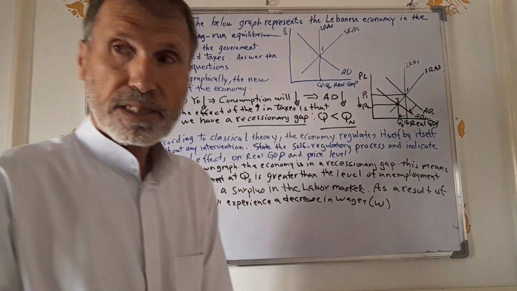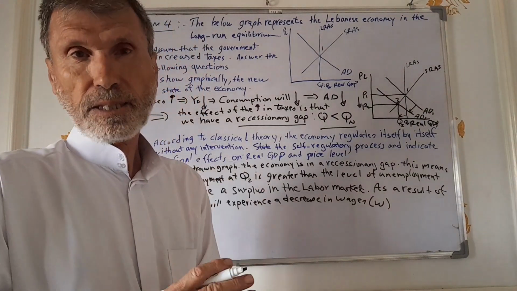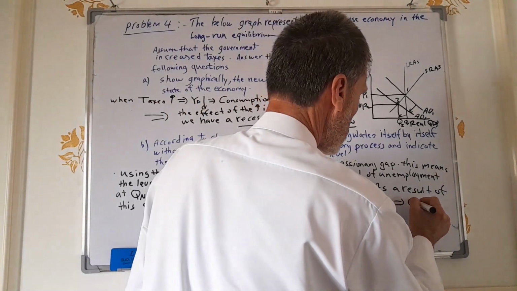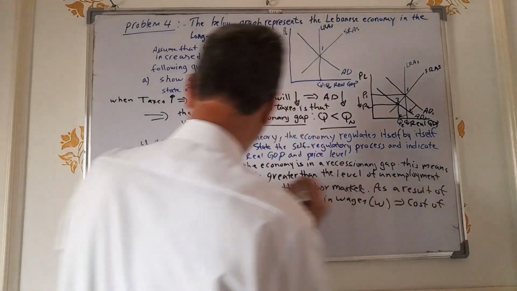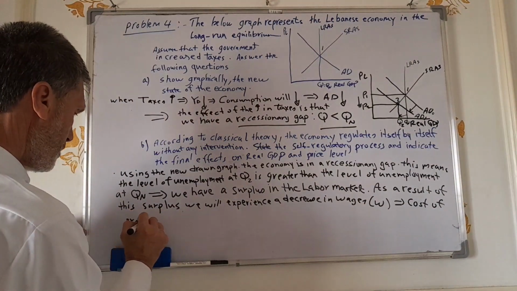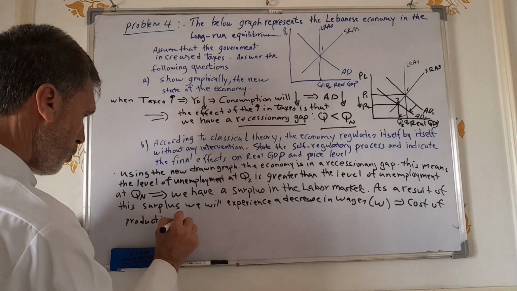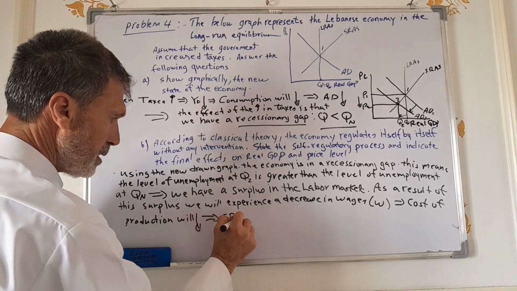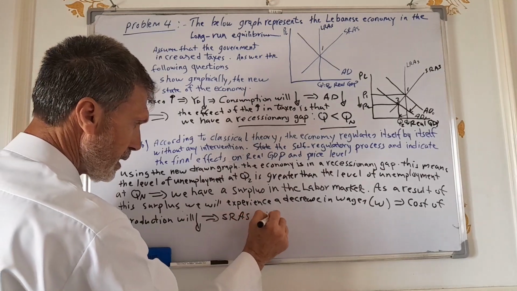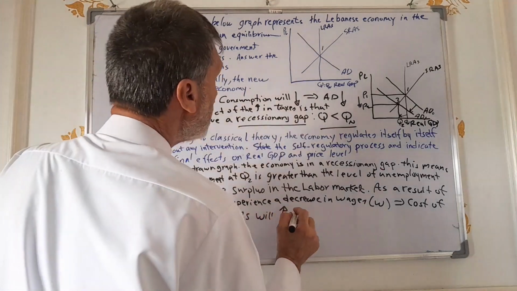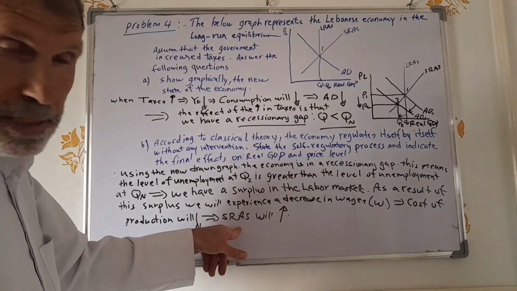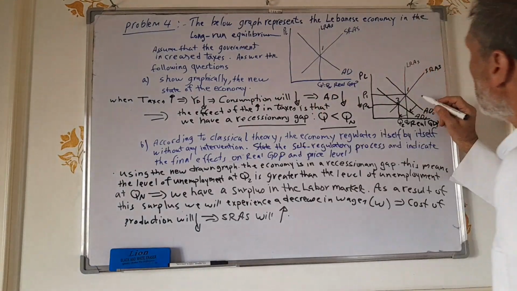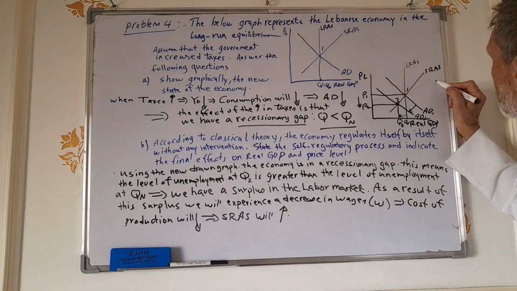We know that wages are a factor of short-run aggregate supply. So when wages go down, of course, that implies the cost of production will decrease, which implies short run aggregate supply will increase. Short run supply will continue to increase until it reaches the long run aggregate supply here.